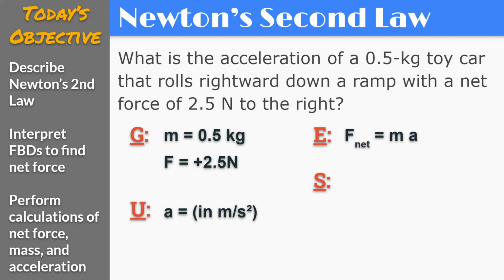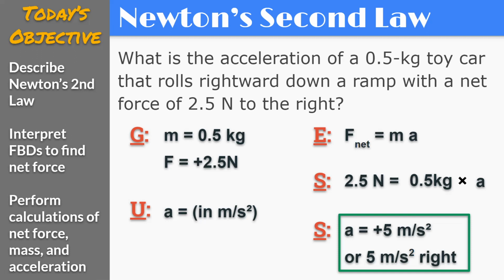Again, same equation, F net equals ma. If I substitute in, this time I have to do a little bit of rearranging in order to isolate my variable. When I plug in, I end up with 2.5 equals 0.5 times a. I left my units in there so that you could see how we end up with this. But whenever I want to isolate that variable, we have to divide both sides by 0.5.